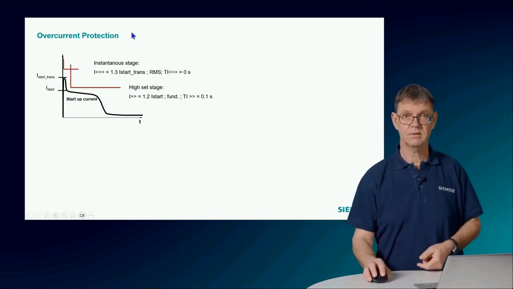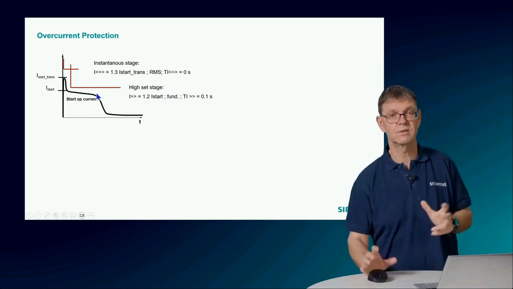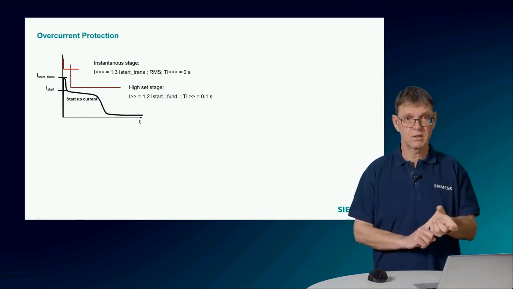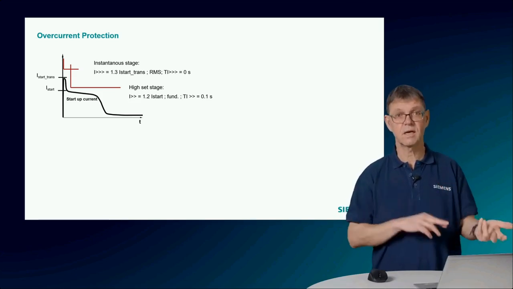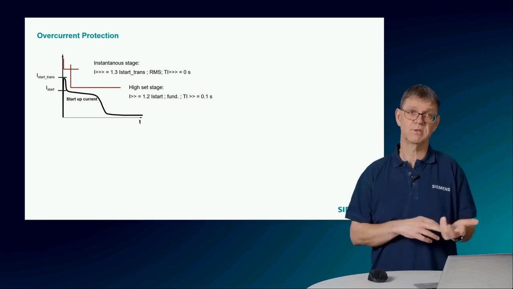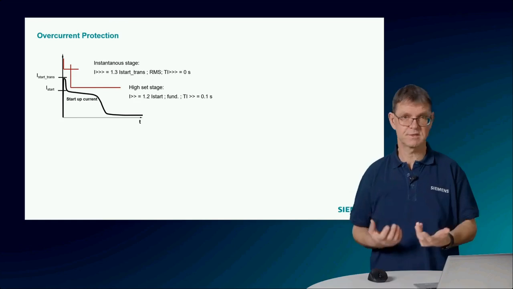Here, on the other hand, we want to get closer to that starting current. With a filtered current, we eliminate some disturbing current, which can come from a DC component. Therefore, we filter this out better.